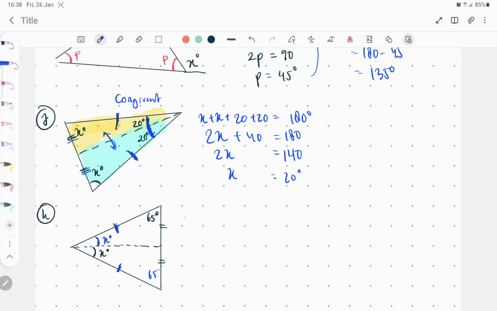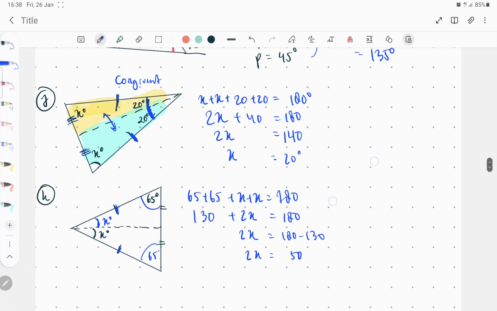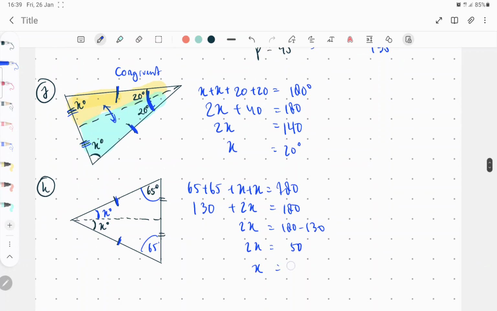Same base angle. So you put 65 plus 65 here plus x equals 180 degrees in total, which is 130 plus 2x equals 180. So 2x equals 180 subtract 130. So 2x equals 50.